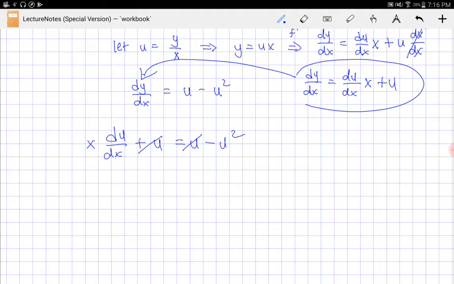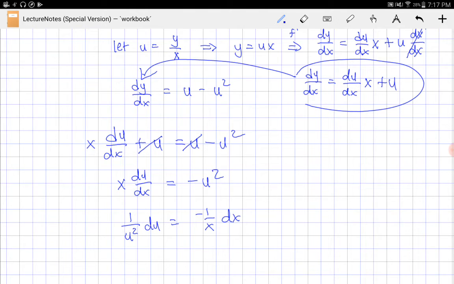So we have x times du over dx equals negative u squared. If we cross multiply, so divide the u squared over to the left hand side and divide the x to the right hand side and multiply the dx over to the right hand side, we'd have 1 over u squared du equals negative 1 over x dx.